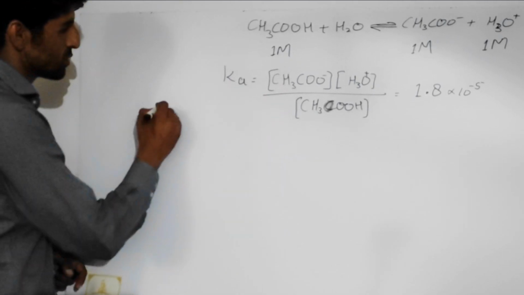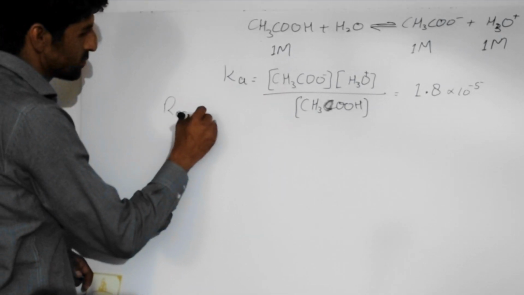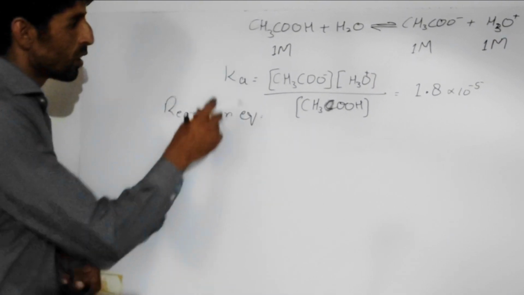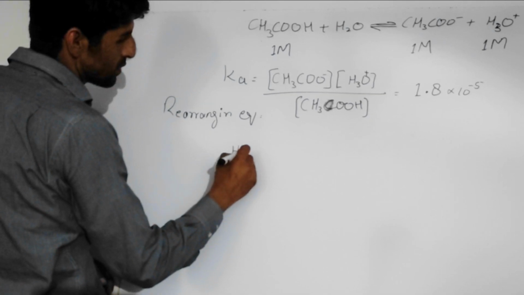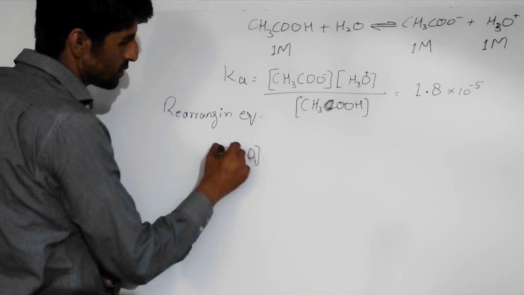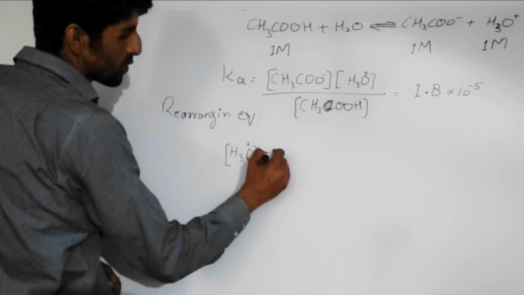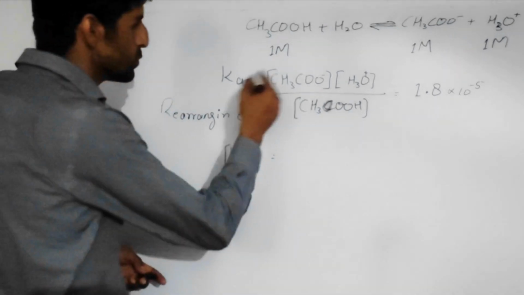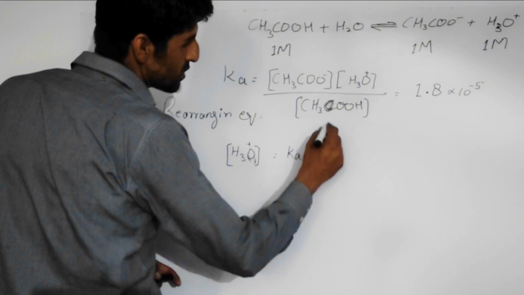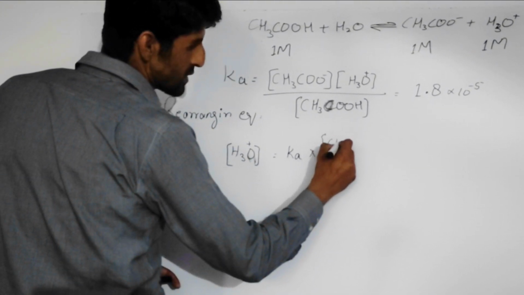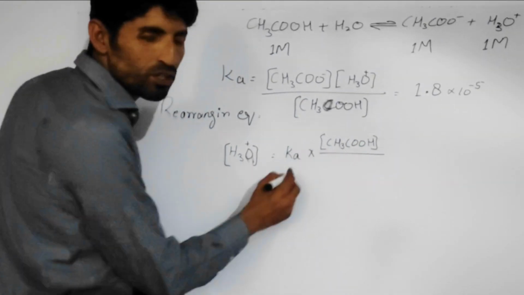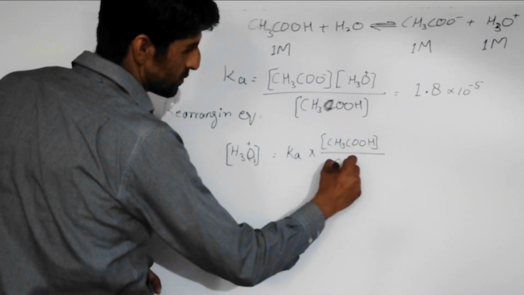Upon rearranging, the hydronium ion concentration will be equal to the dissociation constant of the acid multiplied by the concentration of acetic acid, over the concentration of acetate ions.